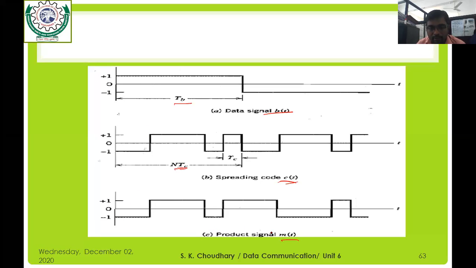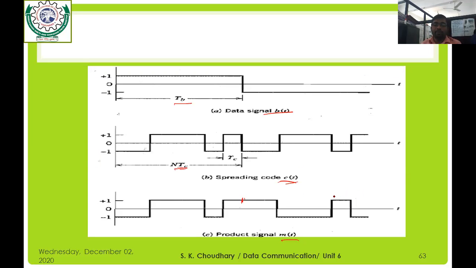Output is m(t). So you can see here +1 -1 -1, then +1 +1 +1, here -1 +1 -1, and here in this particular case +1 +1 +1 up to this point. But when your data signal is reversed to -1, it would be the opposite function, -1 -1 +1, and then like this.